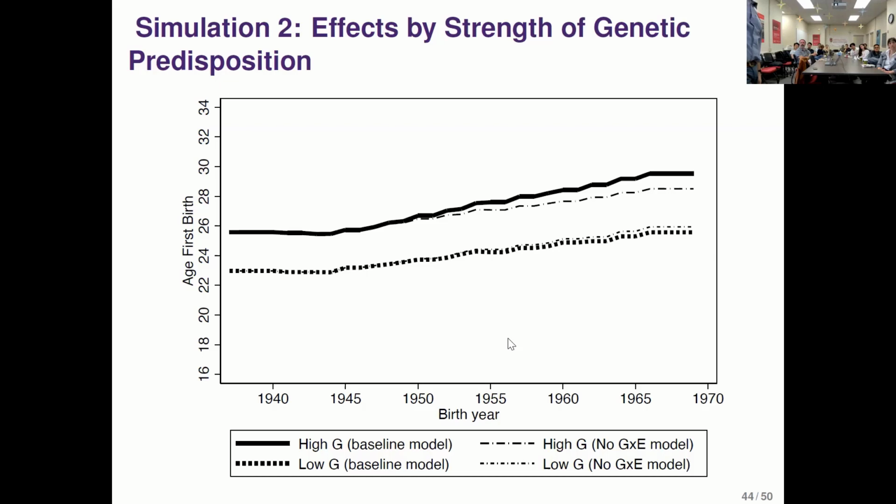And we see that the big part of the gene-environment interaction effect comes from the later cohorts. Most of the variation is temporal, so the G by E effects are more relevant among the later cohorts.